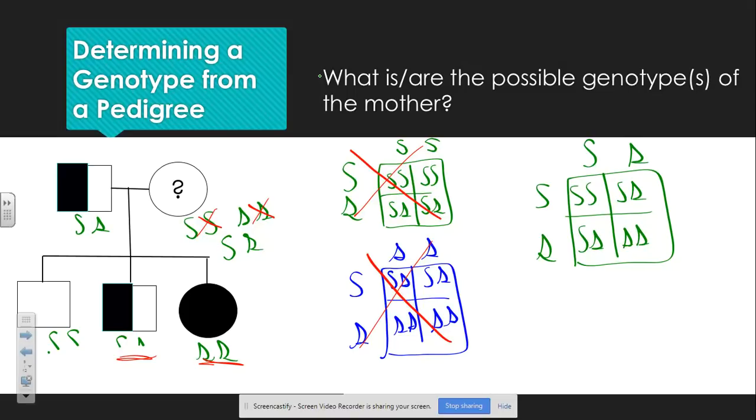Okay, so there we have all three of the genotypes represented. We can explain this child because of this box. We can explain this child because of these boxes. And we can explain our child with sickle cell because of this probability.